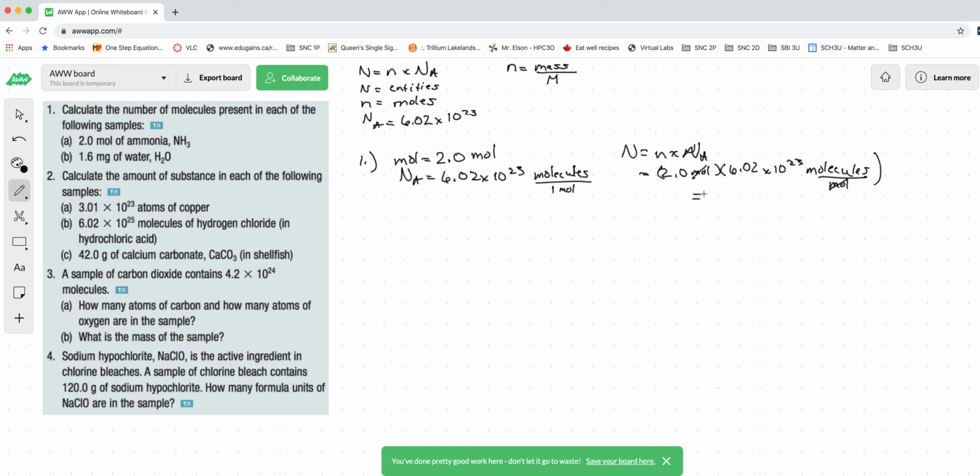And I have previously calculated this to be 1.204 times 10 to the 24 molecules of ammonia. Now again, I can critically analyze my answer to say that instead of having 1 mole, I've got 2, so the number has to be bigger than what I started with, and it was.